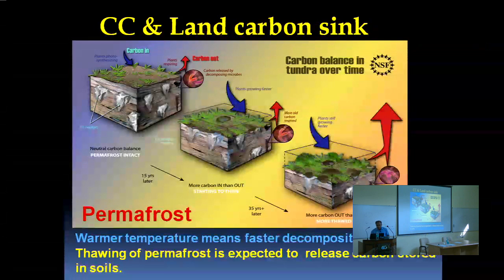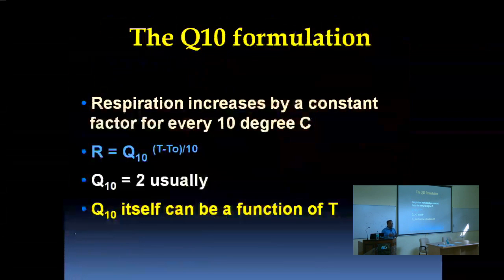So on land, there are two competing processes. As I said, nitrogen deposition, CO2 fertilization, and the longer growing season in the high latitudes can all help the terrestrial ecosystem sequester more carbon. But the permafrost thawing and enhanced plant respiration can act in the negative way. So it can accelerate climate change.